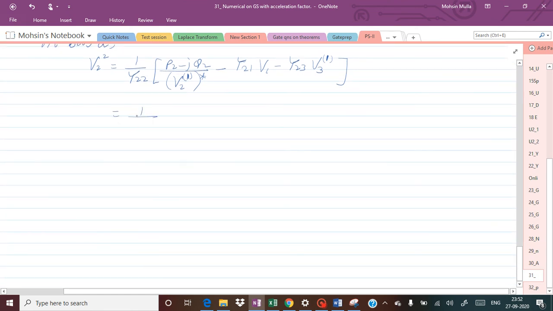So y22 is minus j8, P2 is minus 0.25, Q2 is minus j0.1, so minus into minus plus j0.1.